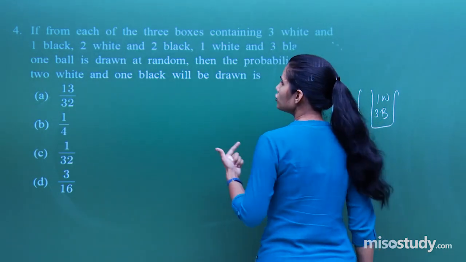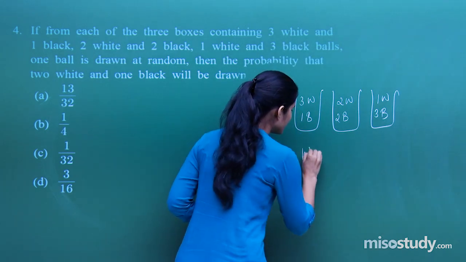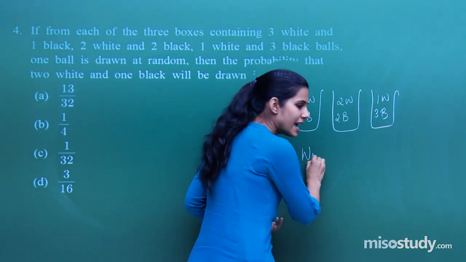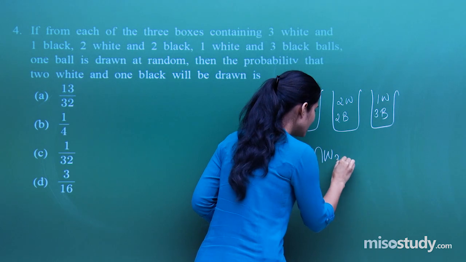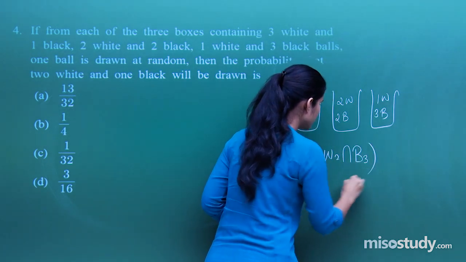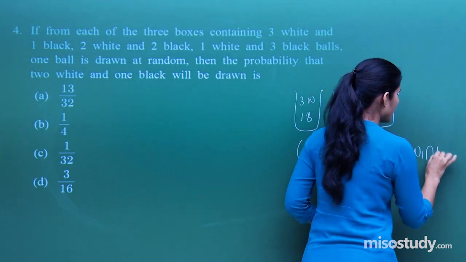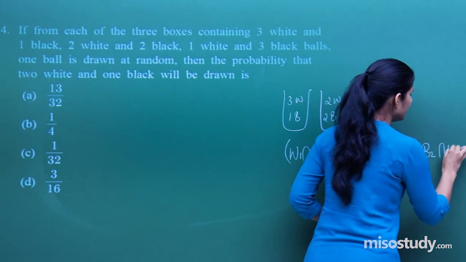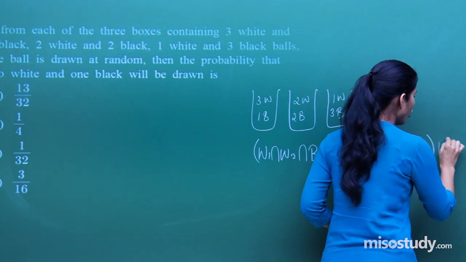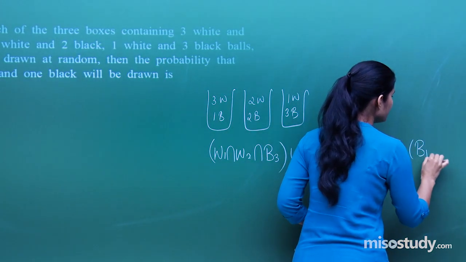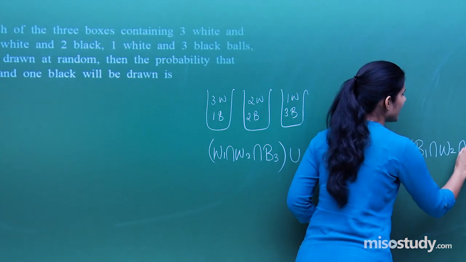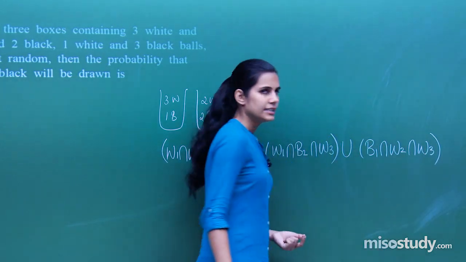I want 2 white and 1 black, so I can get W1 and W2 and black, or W1 then black from the second, white from the third, or black from the first and white from the second and white from the third. Right?